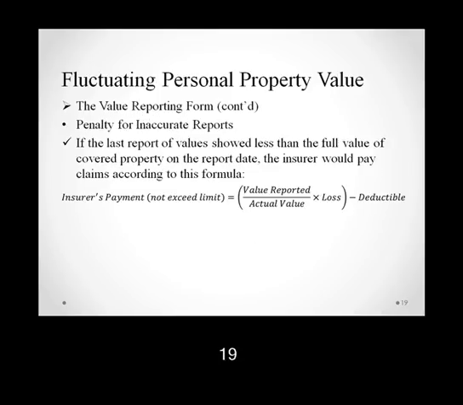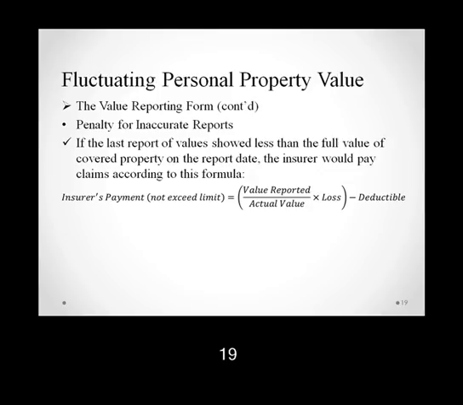Now, if you do not keep an accurate report, what would be the penalties? The insurance company's payment, which would never exceed the limit, will be the value that you reported divided by the actual value. So if you think of it, that actually looks like a co-insurance, right? Because with co-insurance, you're going to insure only a part of the actual value.